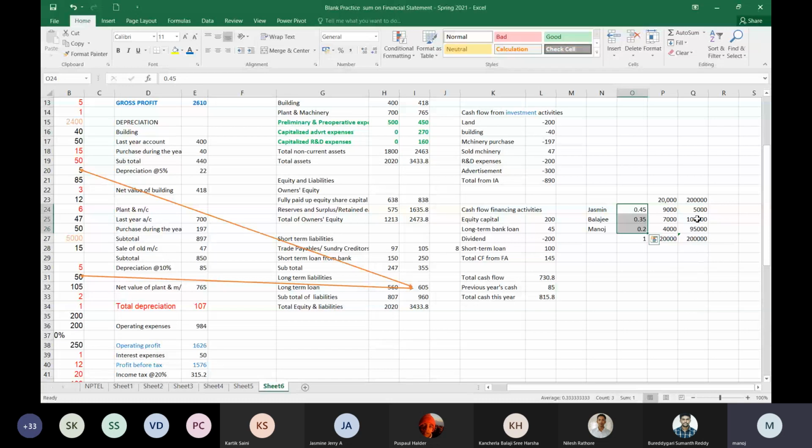But remember, this is a special case. Usually, this will be like 90,000 rupees, and this guy will bring 70,000 rupees. I shall bring 40,000 rupees. That is how we'll be bringing 2 lakh rupees.